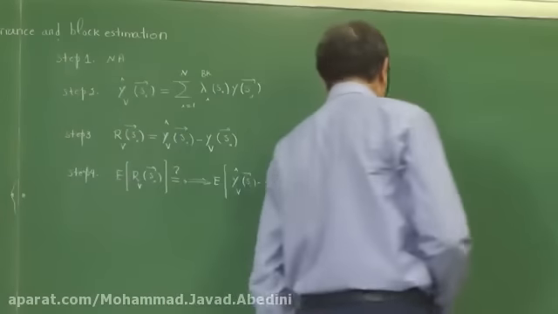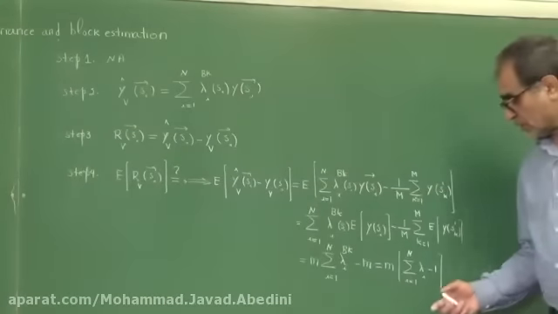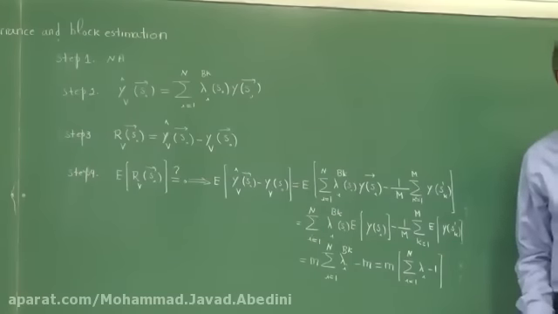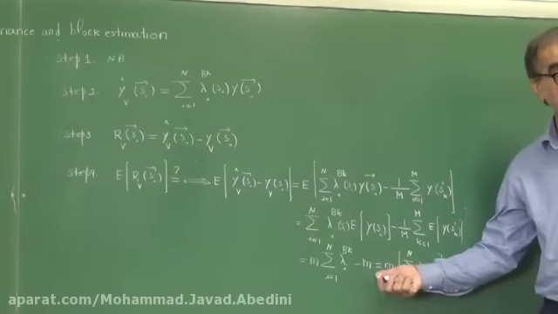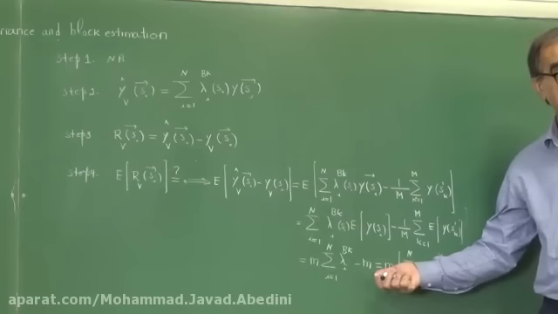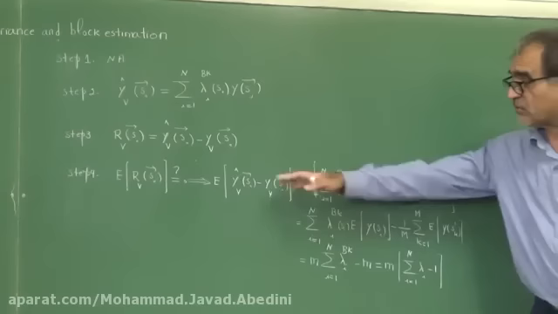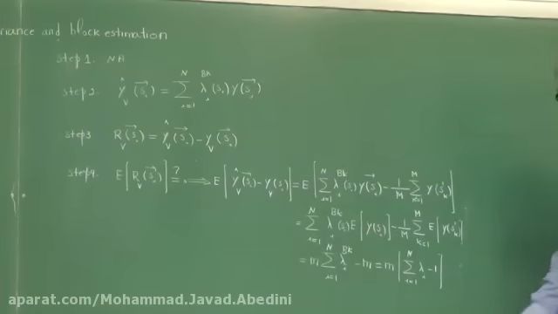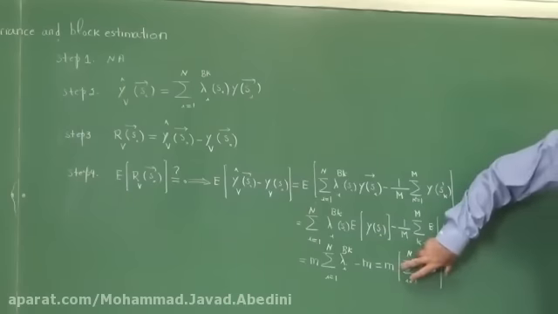Now you have a chance to utilize the unknown property of M. Because M is not given, M is not known, therefore you want the expected value of residual to be 0. Under what condition will your residual become 0? Because M cannot be 0, therefore this part has to be 0.